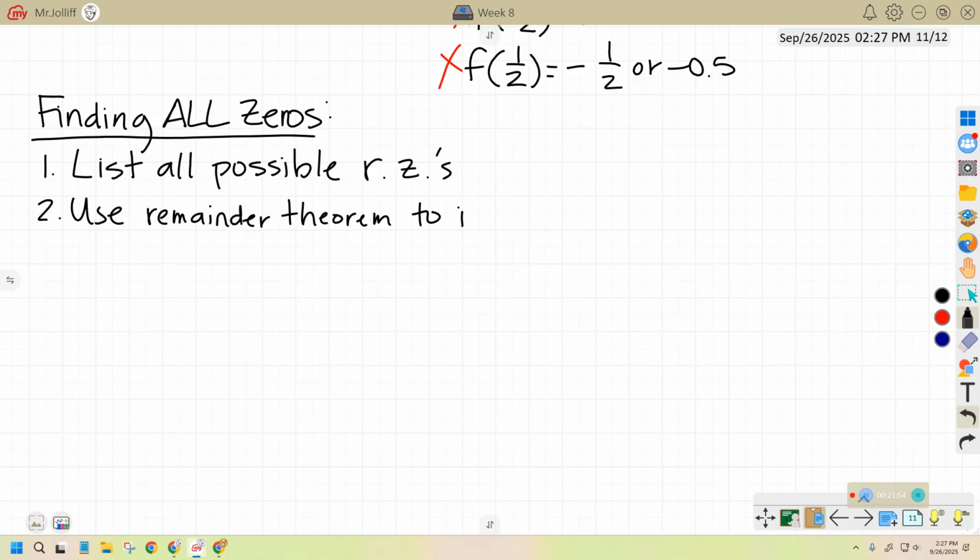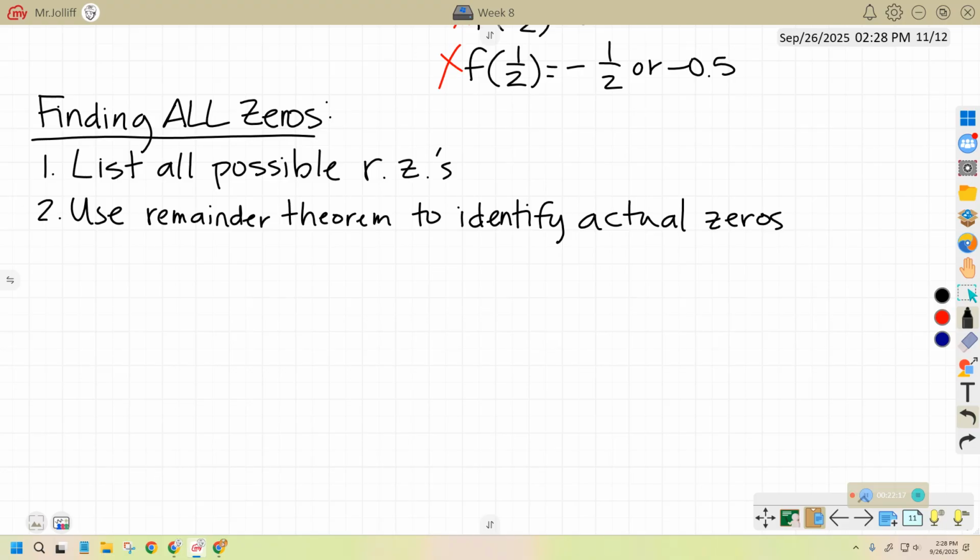Big sentence, not big math, right? That's a calculator thing.